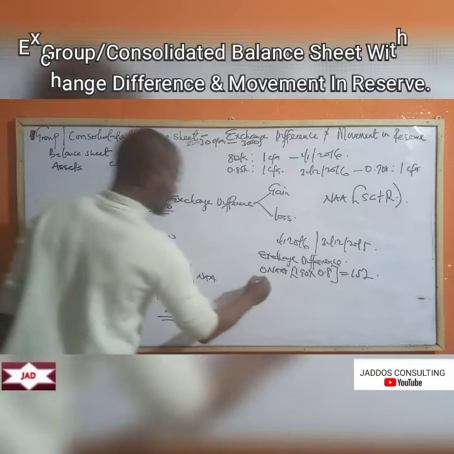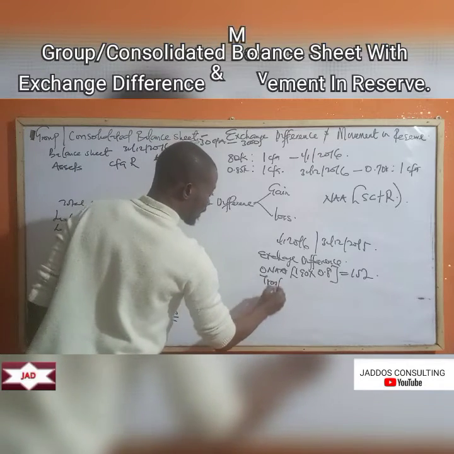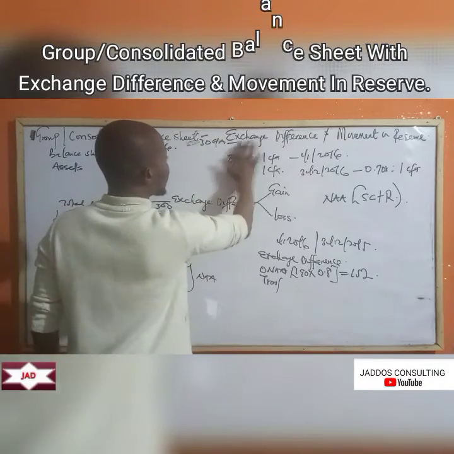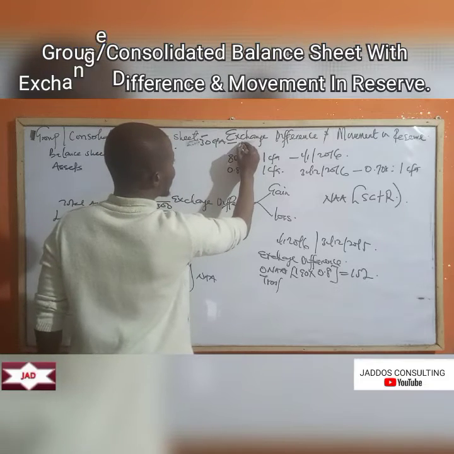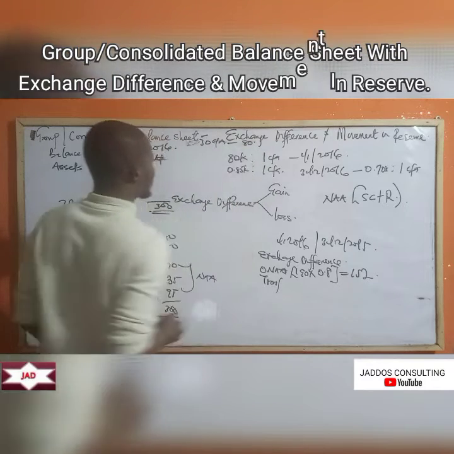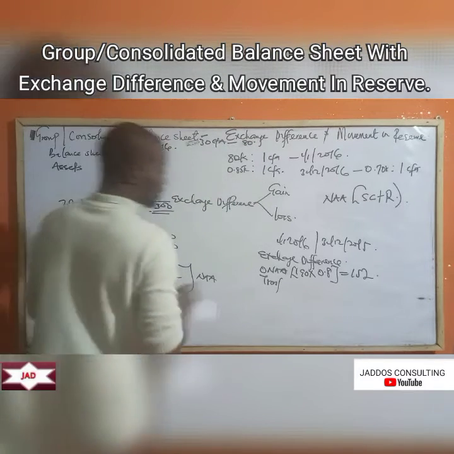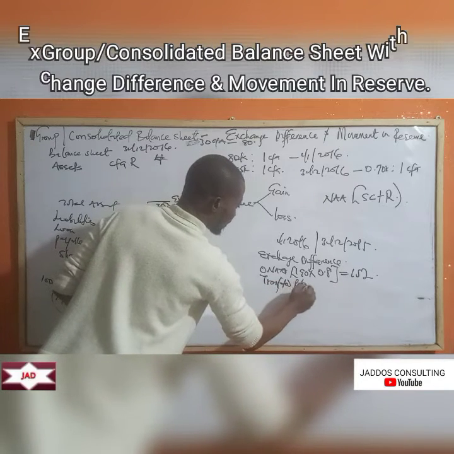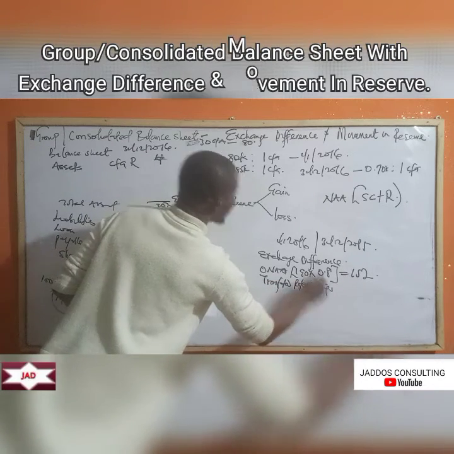So that means you're translated, let's say, as 80. So that means translated retained earnings is 80.